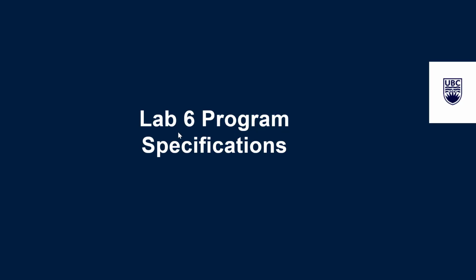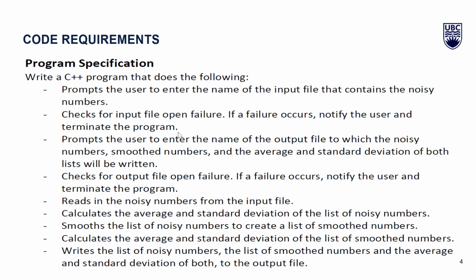Now let's introduce what is required from you in lab 6 program specifications. In this lab, you are required to write a C++ program that asks the user to enter the name of the input file that contains the noisy numbers. And after that, check for input file open failure. If a failure occurs, notify the user and terminate the program.